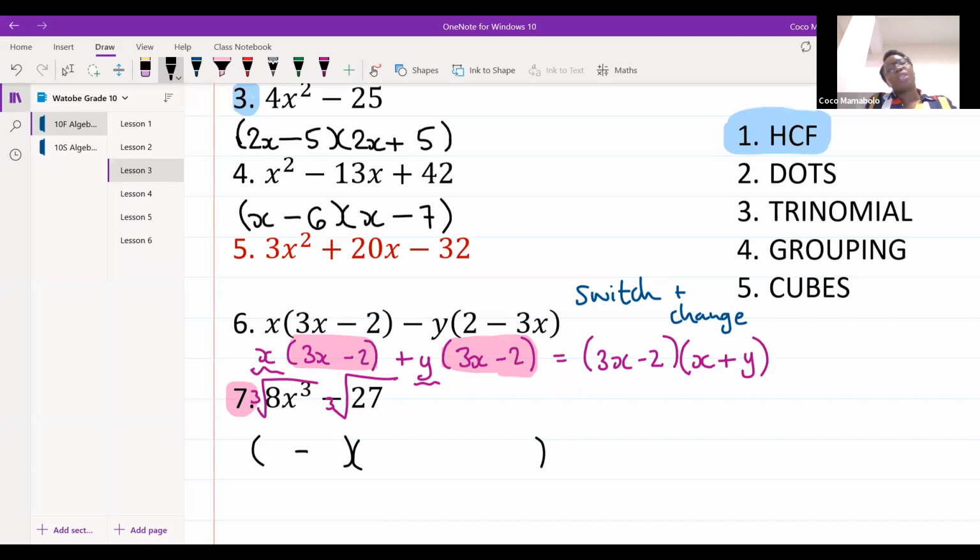Now, what is the cube root of 8x cubed, guys? If I cube 8x cubed, what am I going to get? Tristan says 2. You're forgetting something very important. What else is being cubed? That's it, Rita. 2x.